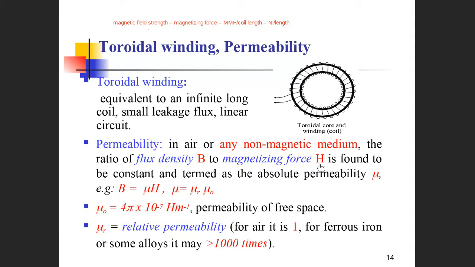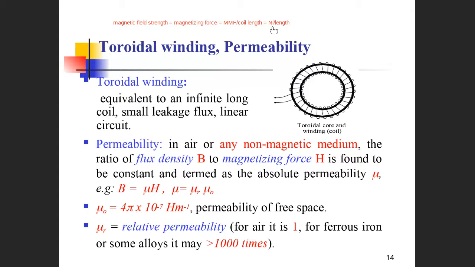So the H, we call it magnetizing force, or magnetic field strength. Physically, it means the magnetomotive force per meter of length of the coils.